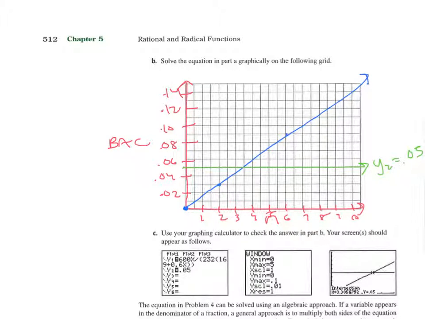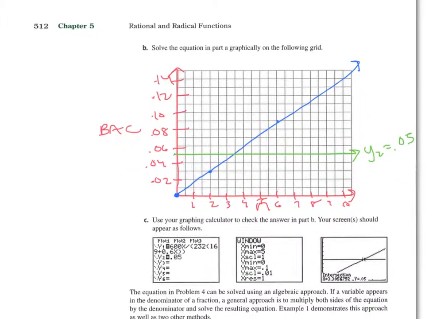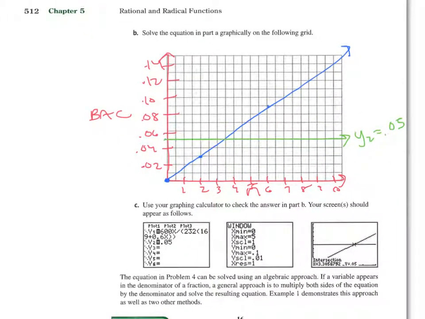The next step is to do it graphically. You've done this before in many different types of functions, and when you can't figure out how to solve it algebraically, this would be your fallback way. What I did was I graphed our first function, the one that we just had, y1, that 600n over that whole big denominator. I put that in y1. And in y2, I put in the 0.05, and I'm looking for where they intersect.